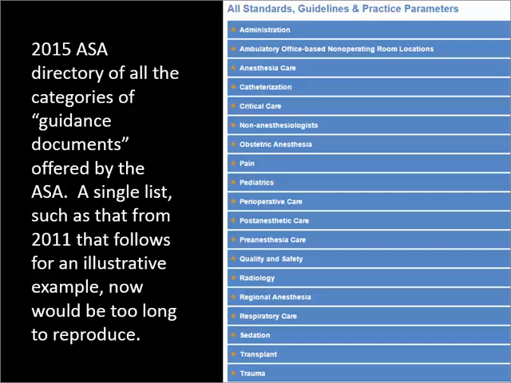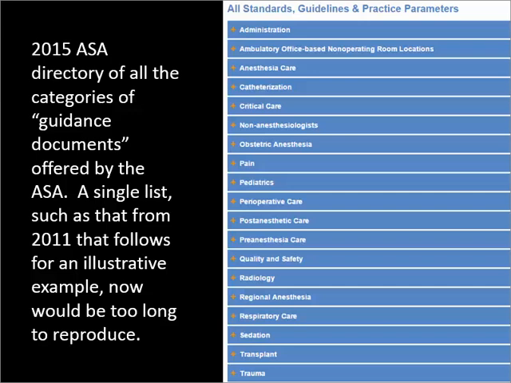This is what the website looks like now, in 2015. When you go in the so-called guidance documents, or in the section from the main page, it says all standards, guidelines, and practice parameters, and it groups them, as you can see, by the various categories. It's actually not as useful as it used to be, because it mixes up the various levels.